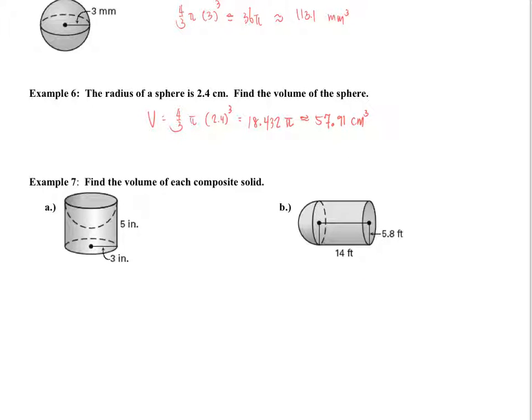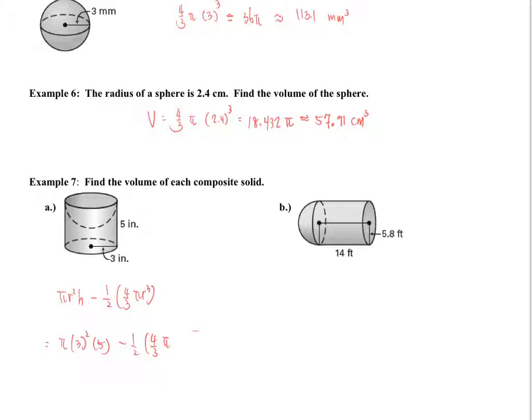Example 6 would like you to find the volume of each composite solid. So part A, I need to subtract this hemisphere from this cylinder, the volumes. So I would take pi r squared h, which is the volume of the cylinder, minus half the volume of the sphere, which is 4/3 pi r cubed. The radius of the cylinder is 3, and then the height is 5, 3 squared times 5, and then half 4/3 pi.